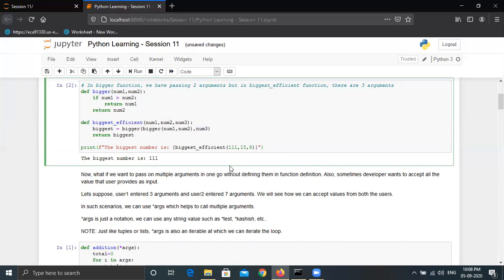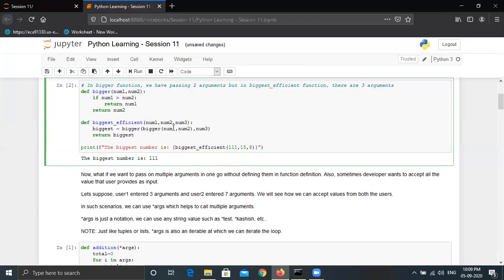Now the question comes to mind. Here we have defined 2 numbers, and here we have defined 3 numbers. Maybe in some cases, not in this scenario, we have to take arguments from the user. Suppose one user is passing 4 arguments and another user is passing 7 arguments. How do we tackle such scenarios?